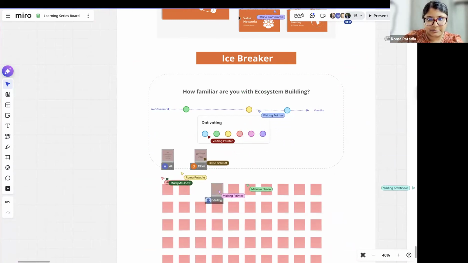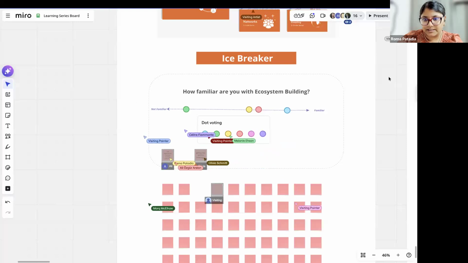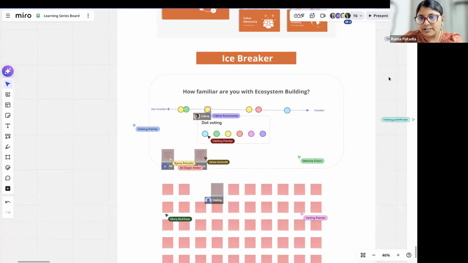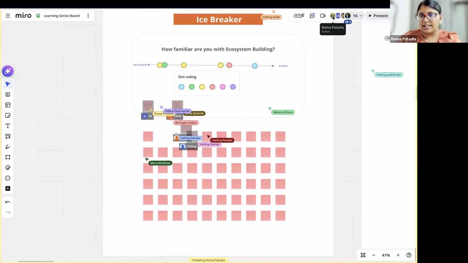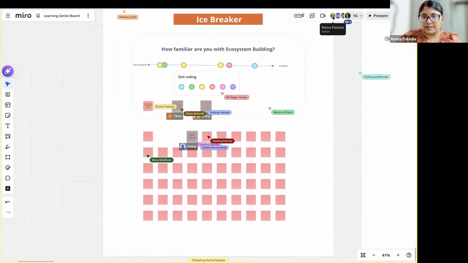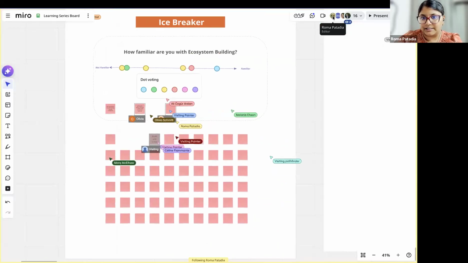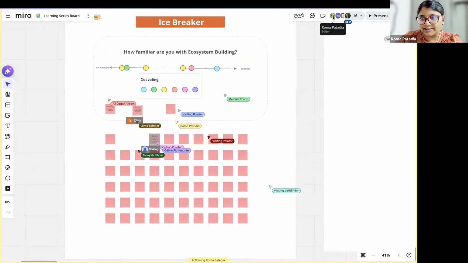We have somebody saying self-organization, network thinking, and then getting into systems thinking. So this is what people are interested in at the moment. So you could continue filling up these sticky notes and letting us know about your interests and your familiarity with the concept. Meanwhile, I will request Joss to guide us through today's workshop.